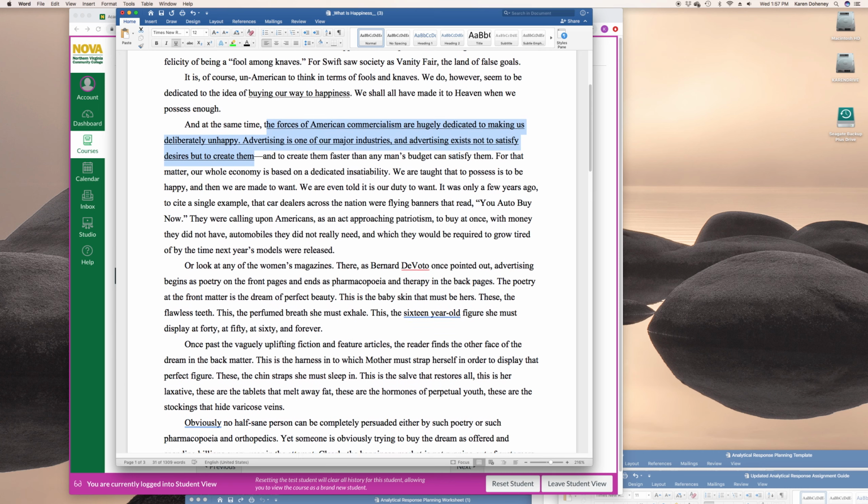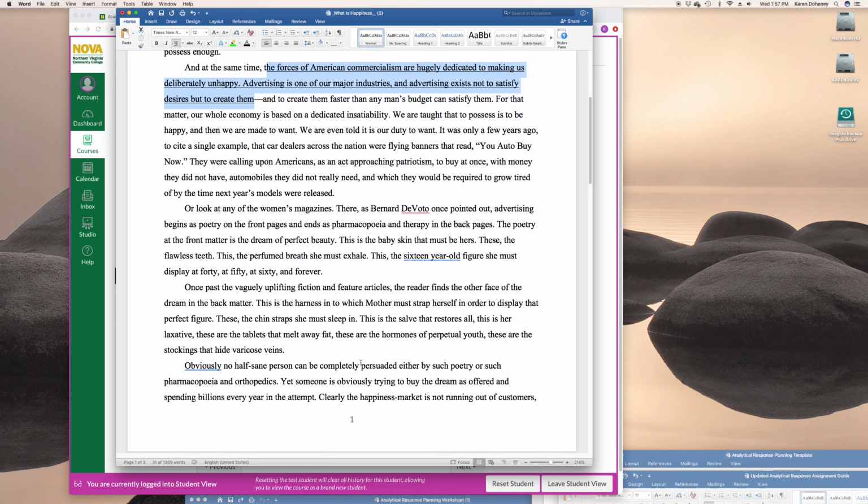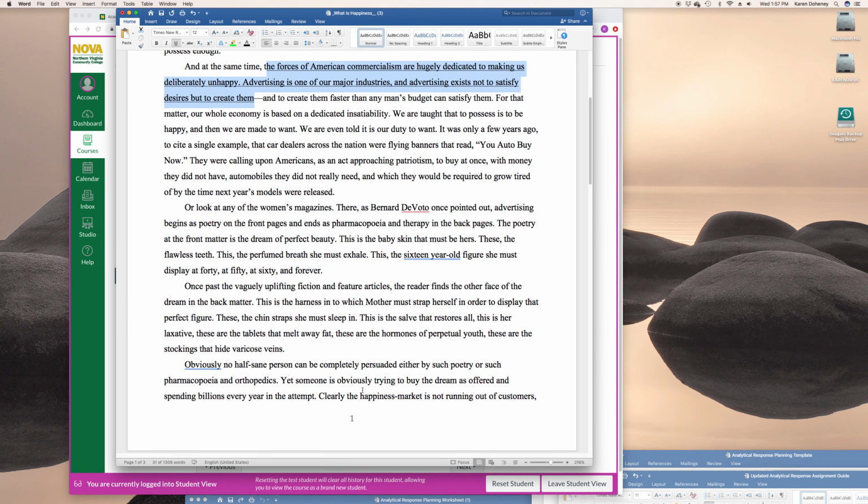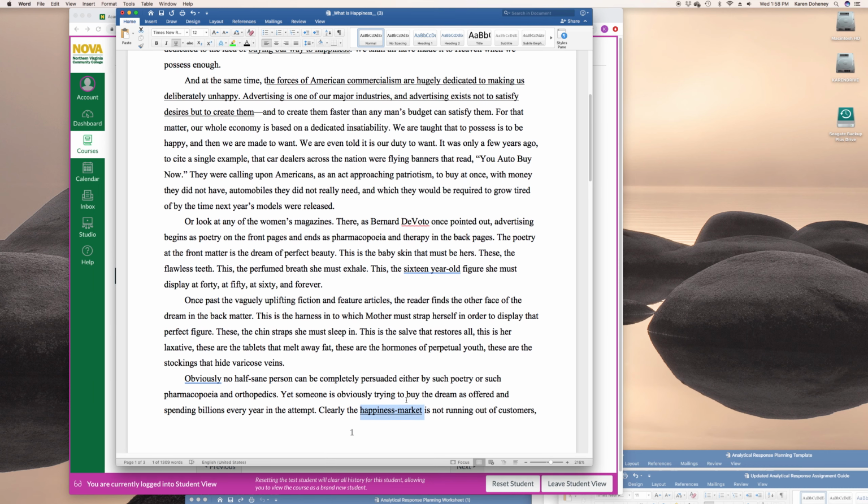And if you look down here, he has a special word for this, and he calls it the happiness market. So this is his idea of American materialism delivered through what he calls the happiness market. And remember, what he means by that is commercialism and advertising, right? That cycle of watching an advertisement, which creates a desire, okay?